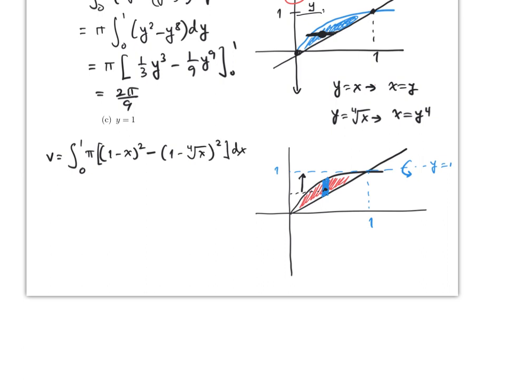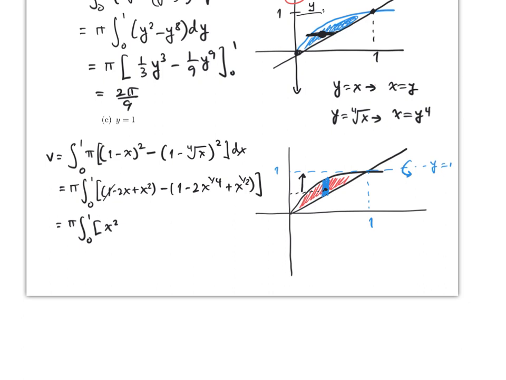dx. So if you distribute, you will end up with pi, the integral from 0 to 1 of 1 minus 2x plus x squared using FOIL, minus 1 minus 2x to the 1/4 plus x to the 1/2. And if you combine like terms, you end up with pi, the integral from 0 to 1 of x squared.